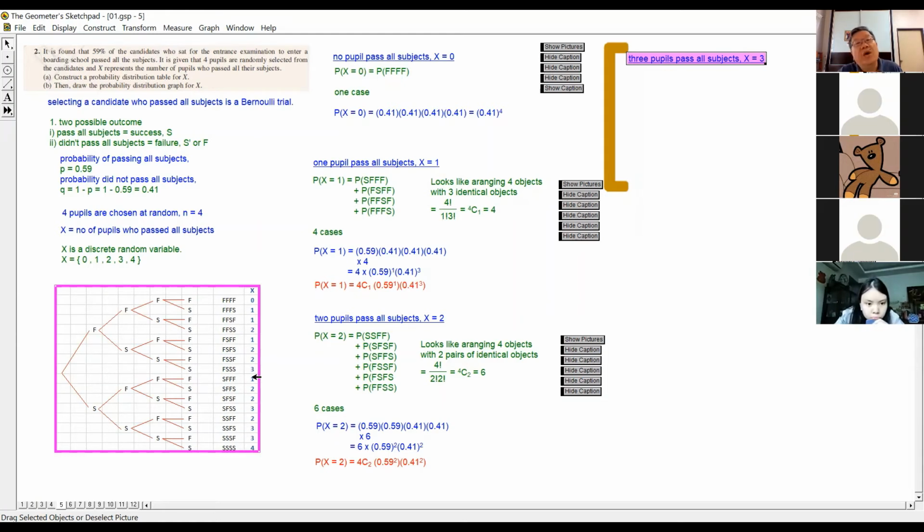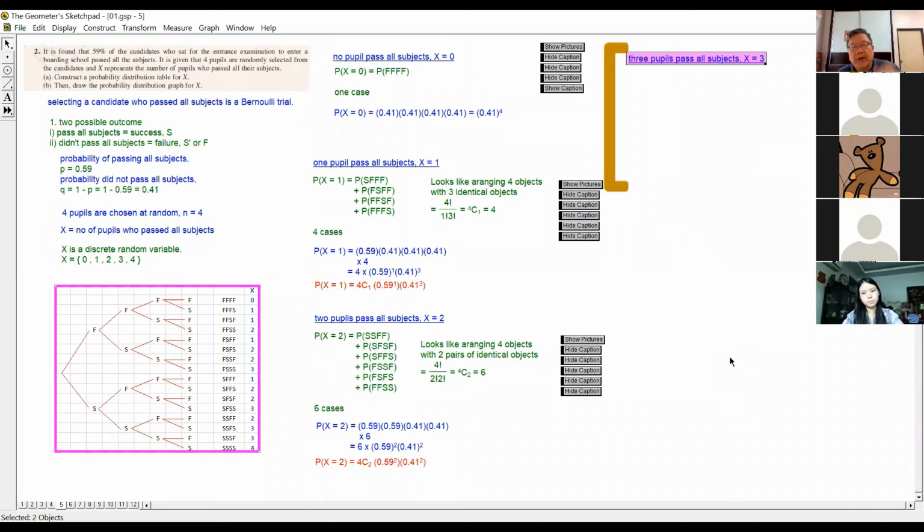Okay, but what is the shortcut? Can you remember the shortcut for counting the number of outcomes with x equals to 3? Anyone? 4C3. Correct. 4 choose 3. Okay, correct.